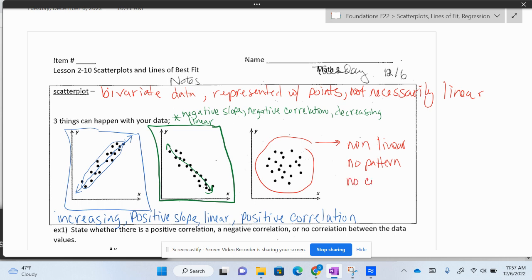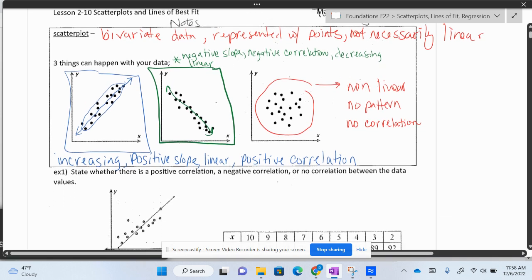So it has no correlation. So do you see how slope lends itself to really identifying correlations? Correlation and slope are not the same, but they kind of look the same. Correlation refers to a scatter plot, slope refers to a line.